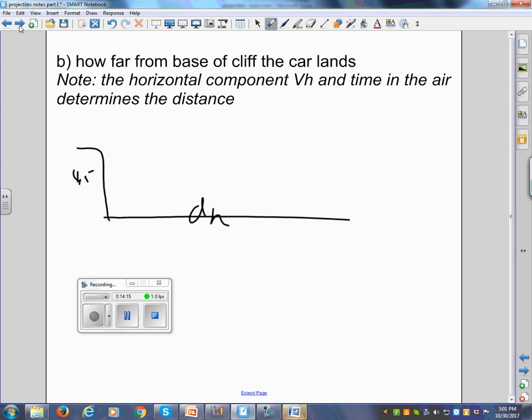How fast is it going? 24. How long is it going 24 for? 3.03 seconds. V bar equals D over T. 24 is D over 3.03. Multiply.